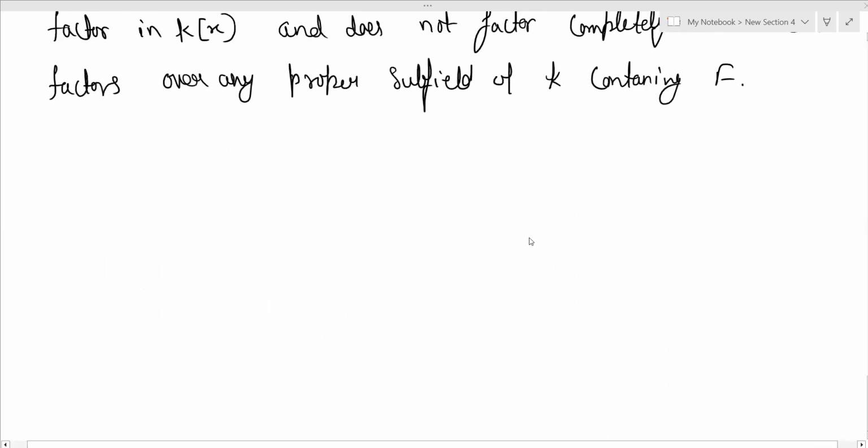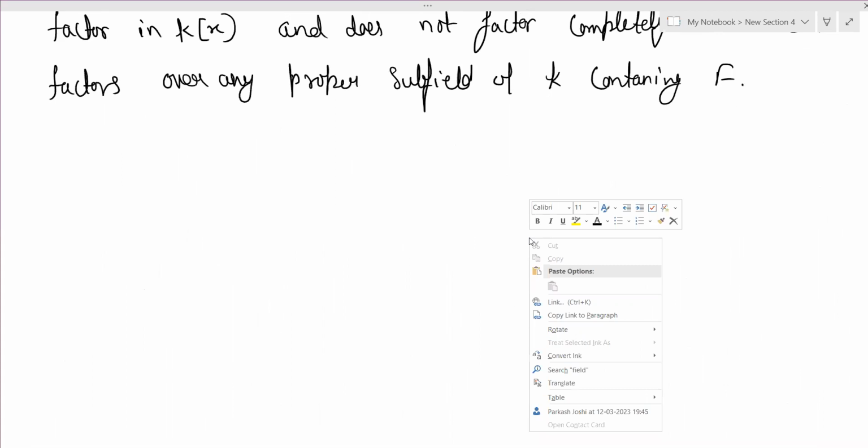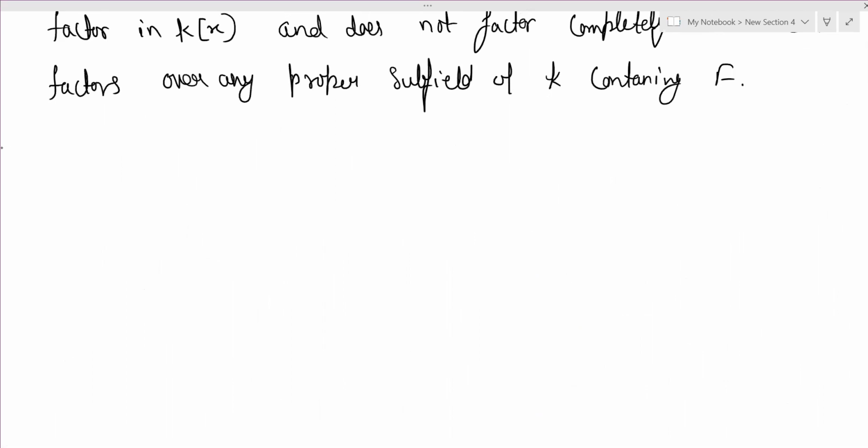So what is my idea? Idea is this. I gave you this polynomial f(x) equals x^(p^n) minus x.